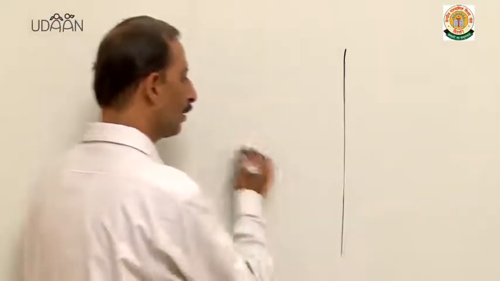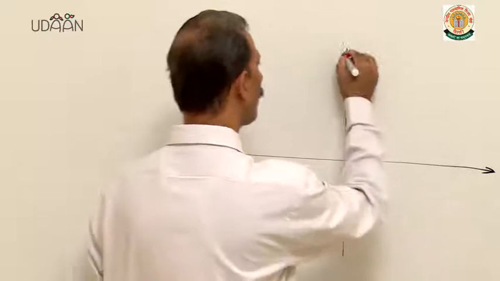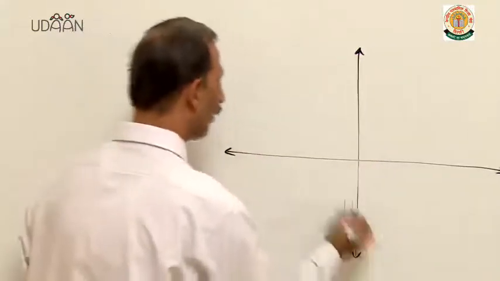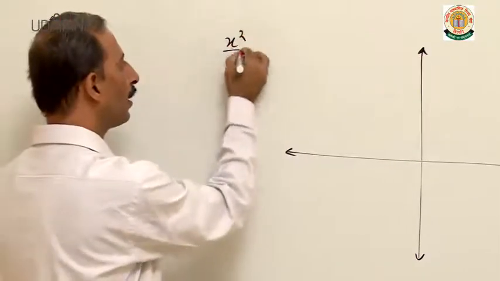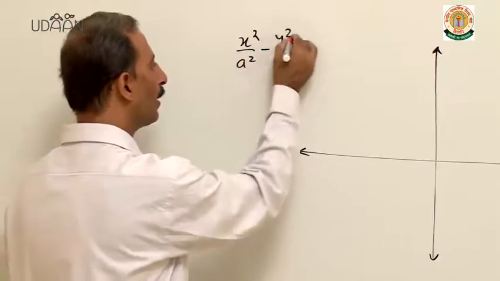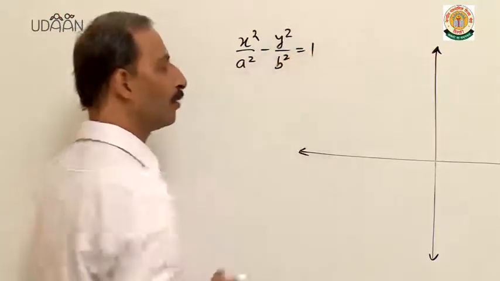Now children, we will discuss about the asymptotes of the hyperbola. What is the asymptote? You know hyperbola, standard form of the equation of the hyperbola is x square upon a square minus y square upon b square is equal to 1.